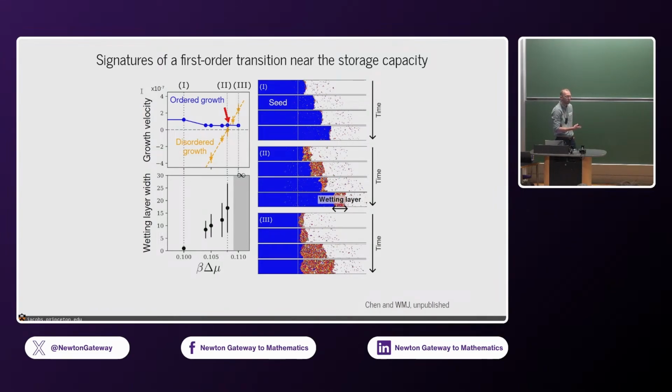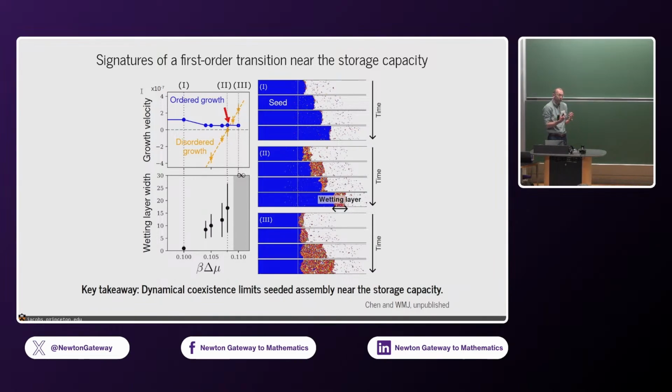Right? So this has a lot of signatures of a first-order-like transition, where we're only able to see it if we're very, very close to the storage capacity where this is the dominant failure mode. This sets in before either those heterogeneous or homogeneous nucleation.